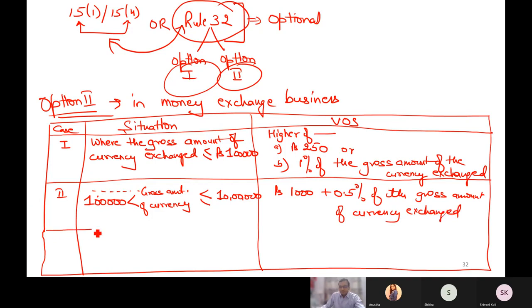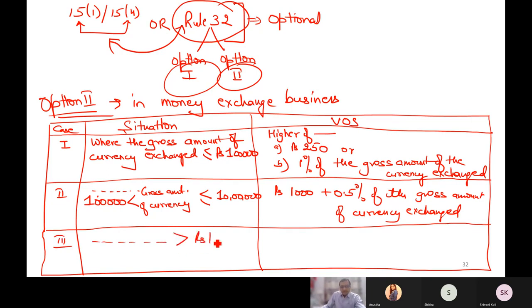Third, where the gross amount of currency exchange exceeds 10 lakh. Now I'm talking about Indian rupee only.